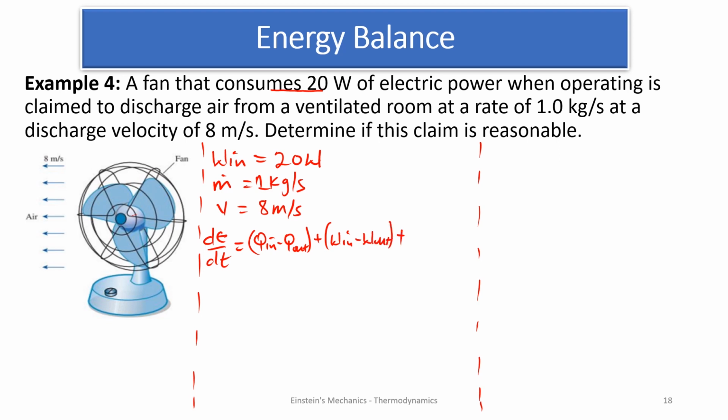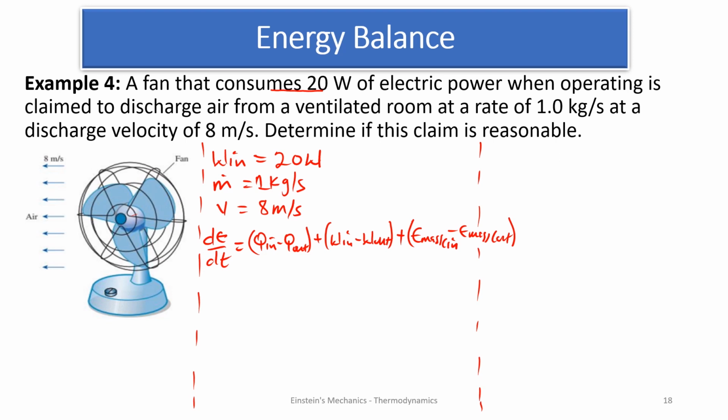Is there any energy of mass in? Yes, look at the fan. It's an open system. Air is going out, can come in. This is an open system. So energy of mass is exchange. So energy of mass in minus energy of mass out.